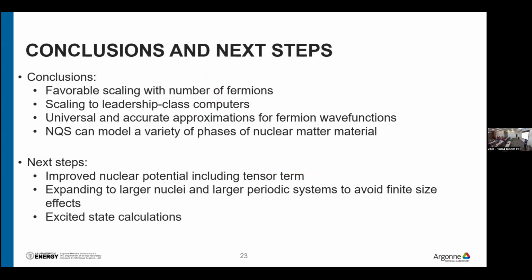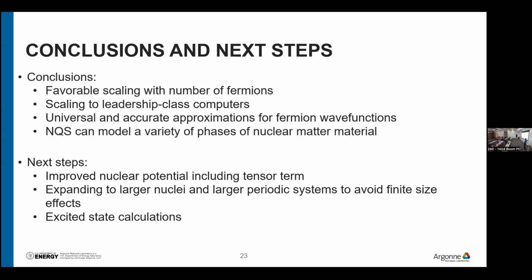Some conclusions from the talk. We have nice scaling with number of fermions compared to some other methods. We can scale to very large computers pretty quickly. And these neural quantum states can function as universal approximators for fermionic wave functions, bosonic as well, but for nuclear systems we're currently interested in fermionic.